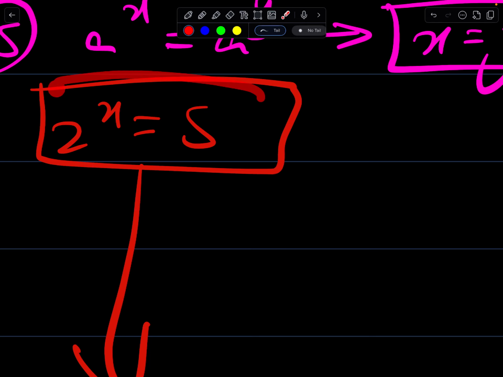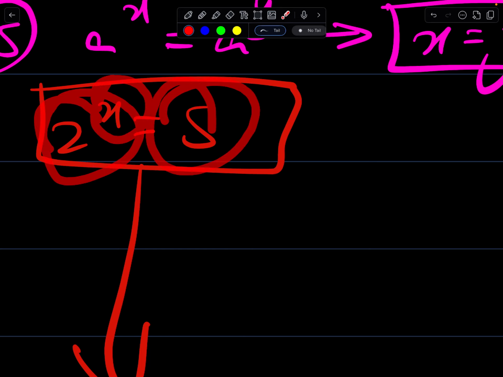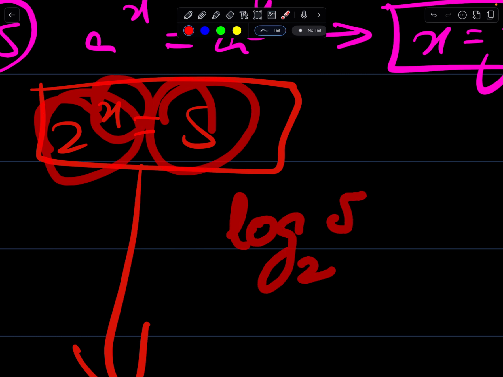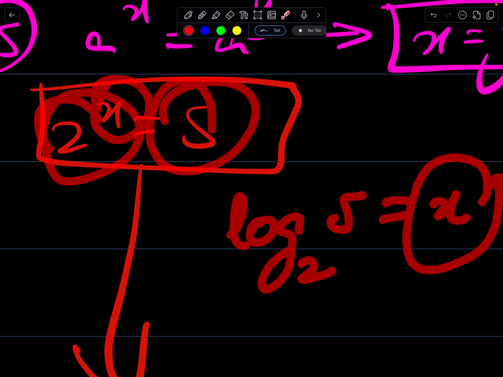If you read it like this, you'll never make a mistake. So we can write this as log base 2 of 5 is equal to x, to find the power.